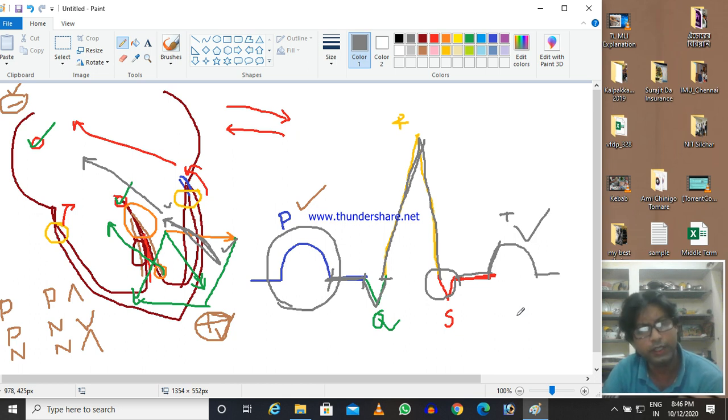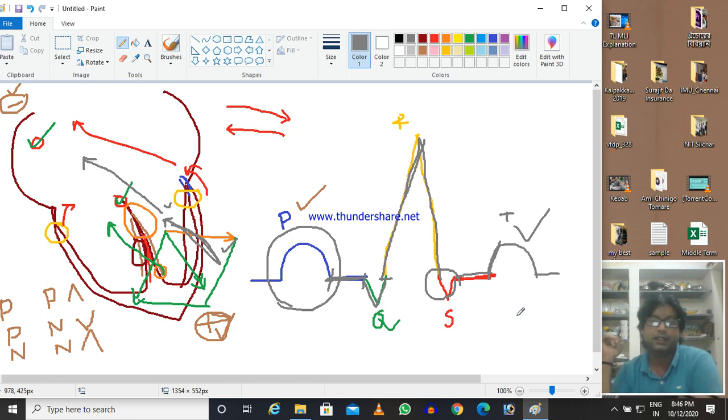Here we are not able to obtain the repolarization of the atrium because, as I told, the ventricle is the fastest conducting tissue, so it will very quickly generate a very good amount of electrical pulses, the waves, which suppress the atrial repolarization pulse. So it is suppressed, it is masked by the ventricular depolarization.